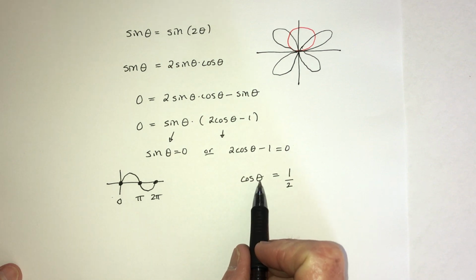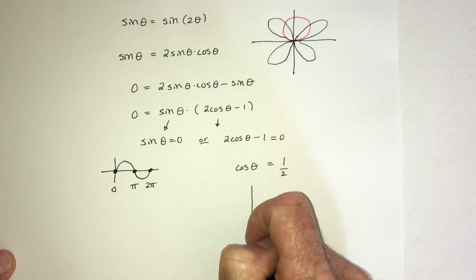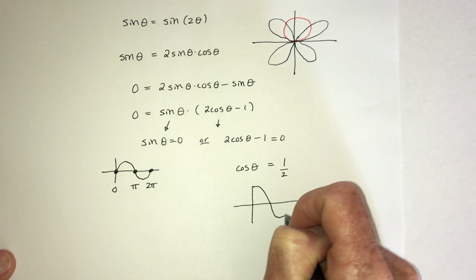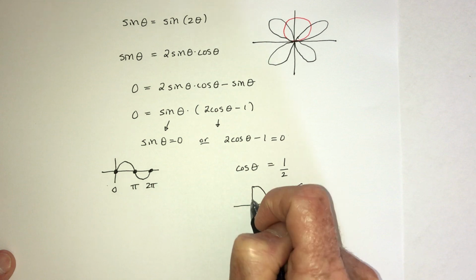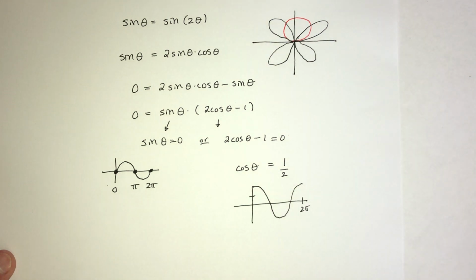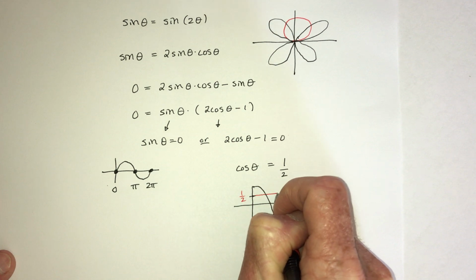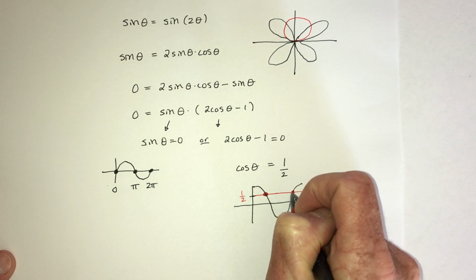And then for this one, when does cosine equal a half? So if you look at the cosine function, it looks like this from 0 to 2 pi. And 1/2 would be right here. Draw a line straight across, and there's actually 2 solutions for that.